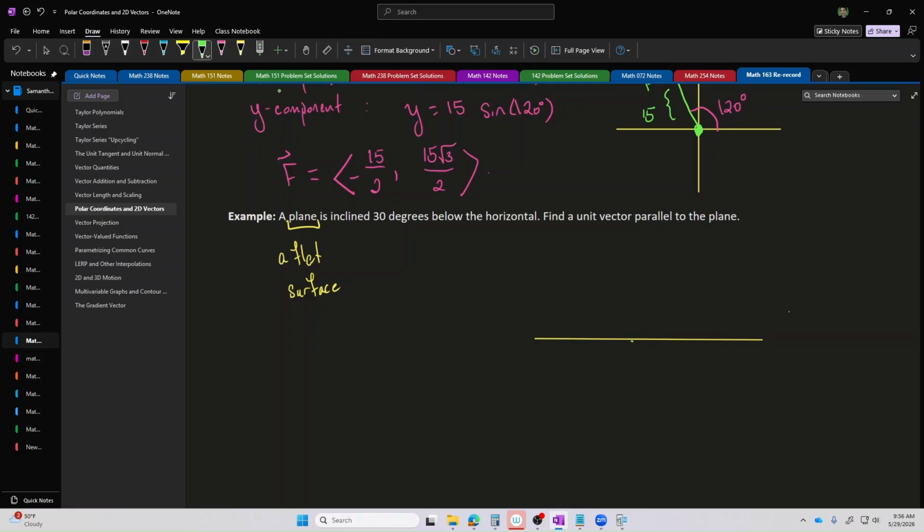So my incline maybe looks a bit like this, where this yellow is a horizontal, this green is the inclined plane, and it is inclined 30 degrees below this horizontal.